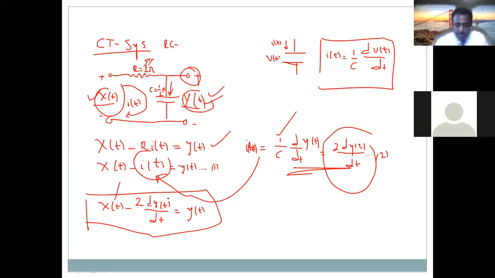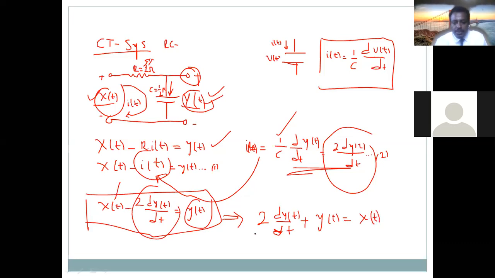So if you take this part to the other side, what do you get? It will be positive: 2 dy by dt plus y of t is equal to x of t.